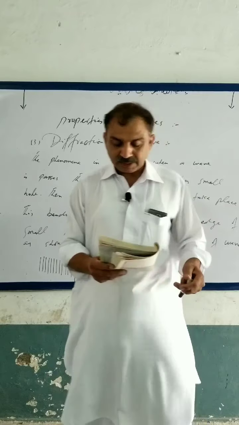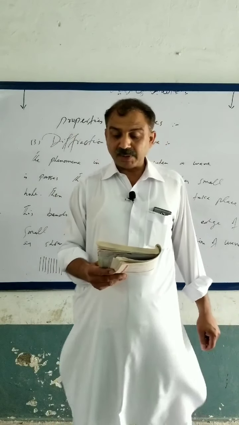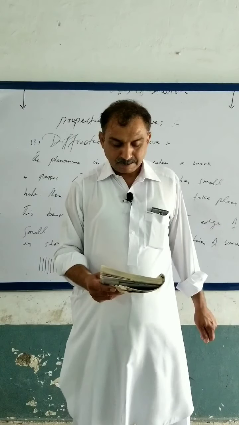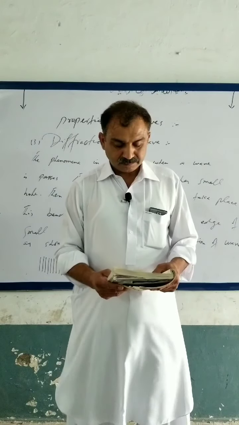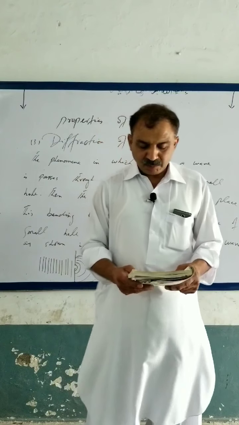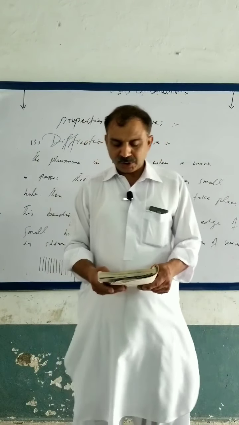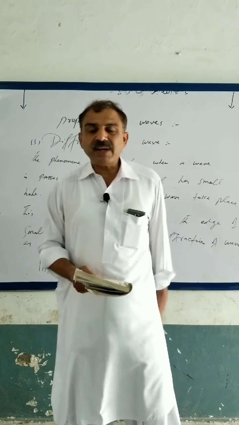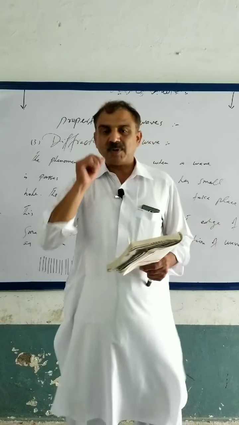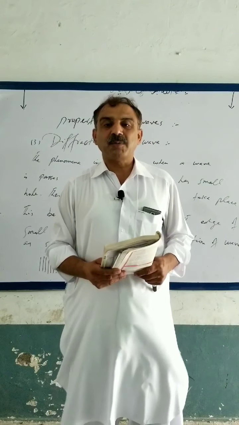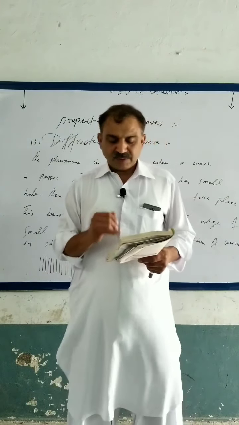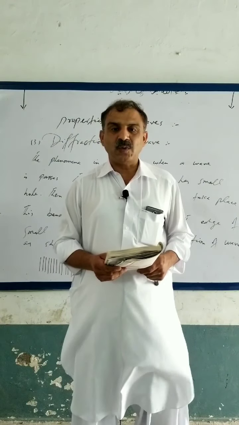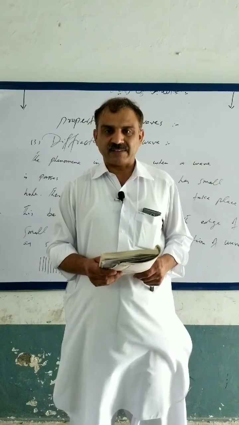Conceptual question, I already explained that. Page number 25. Question number 1. Is every oscillatory motion simple harmonic motion? Give example. Yes, every oscillatory motion is simple harmonic motion because oscillation is periodic motion, and simple harmonic motion is that periodic motion which satisfies the equation a proportional to minus x.